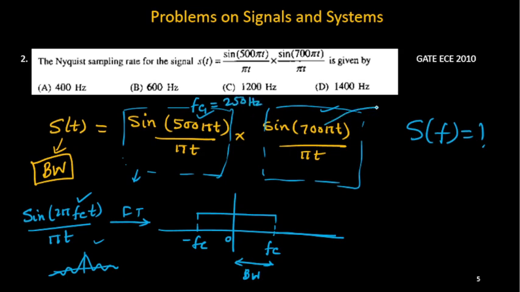And this frequency, fc2, will be 700 pi by 2 pi, 350 Hertz. Am I correct? So what we will do? We will go for this to get capital SF. This is our task.